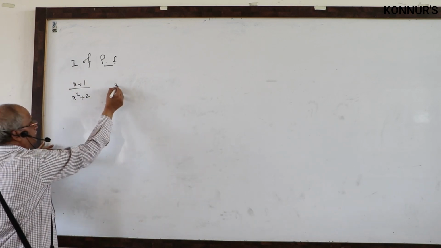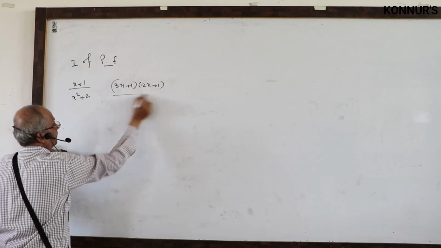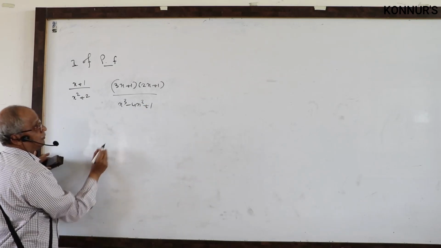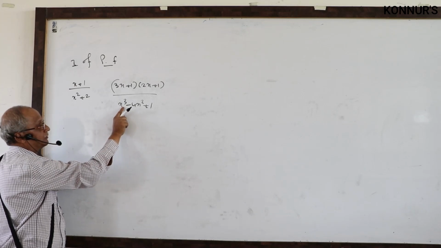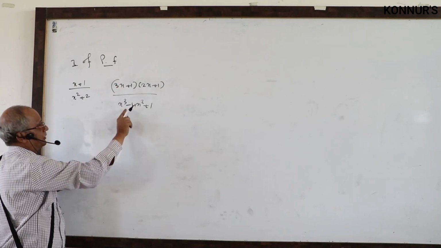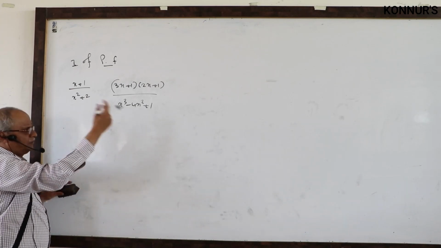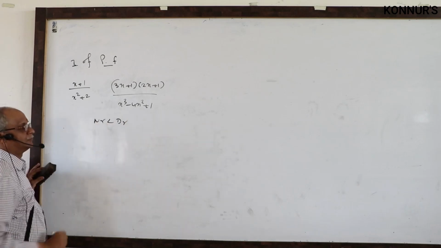Okay. 3x plus 1 into 2x plus 1 by x cube minus 4x square plus 1: numerator degree 2, quadratic; denominator 3. Numerator is less than denominator. Right? Any problem?